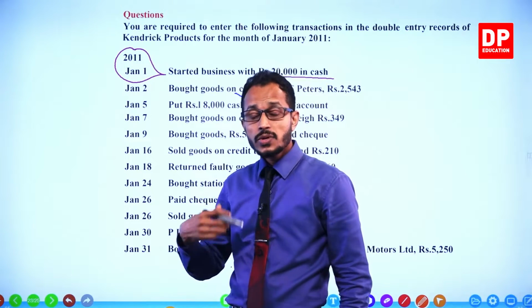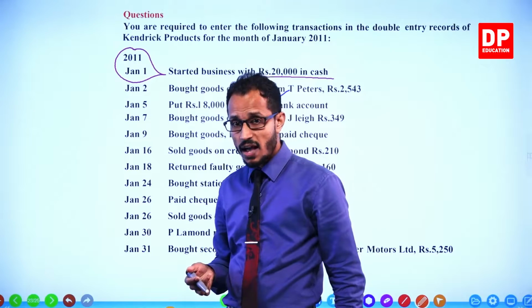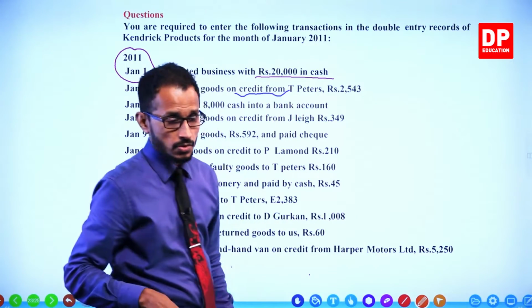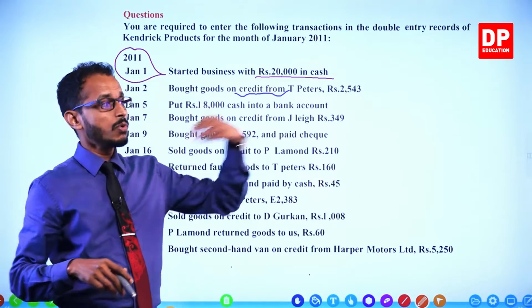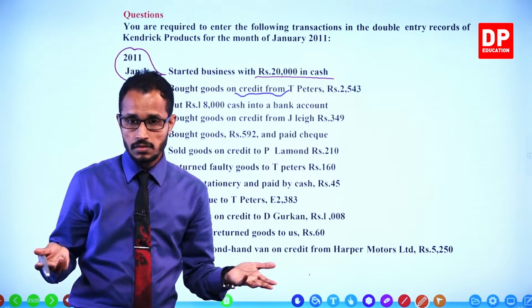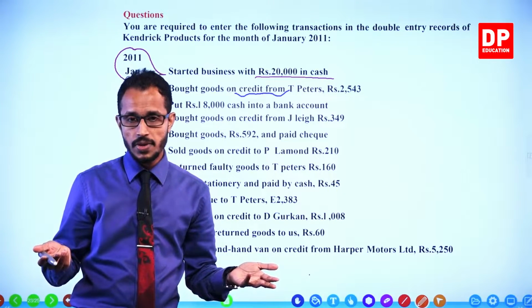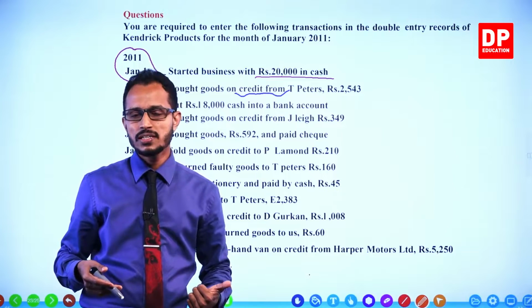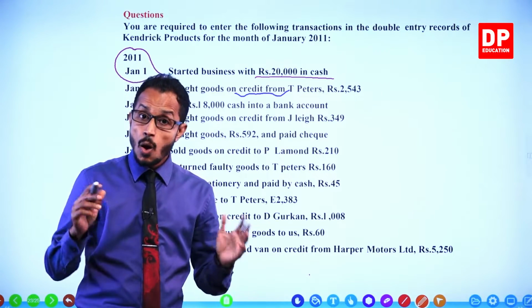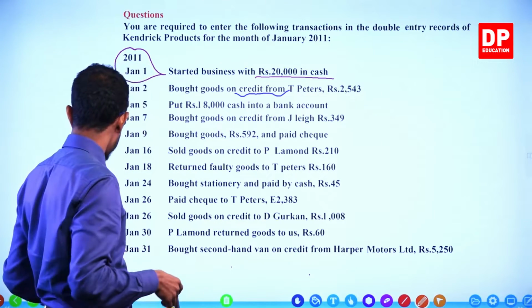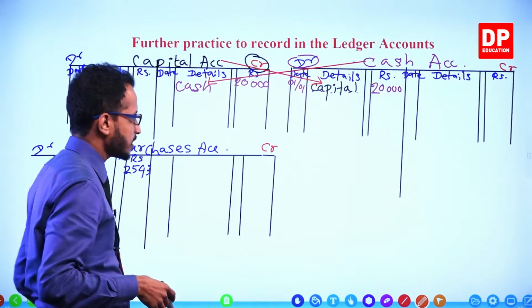Okay. That creates a liability. Who's the liability? The creditor. We owe that supplier because we bought goods from him and didn't pay. That supplier is a creditor of our business. We are owing him, and it is a liability.